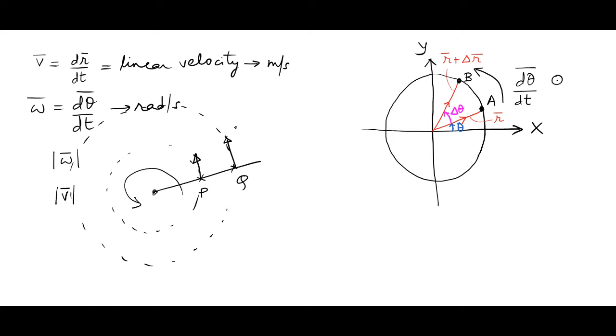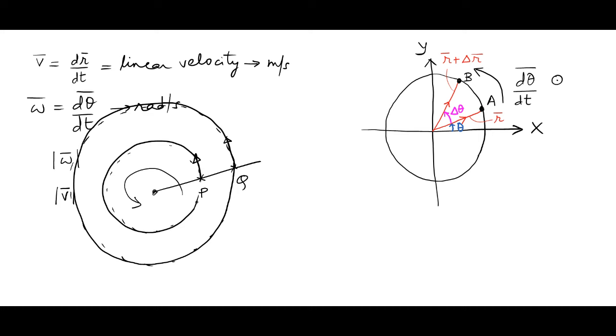In fact, point Q travels faster than point P, and the reason is, in the same time it has to cover a greater distance. The circumference of its circle is larger than the circumference of this circle, so naturally one can conclude that point Q travels faster. So its linear speed is larger than the linear speed of P, in spite of the fact that the omegas are the same.